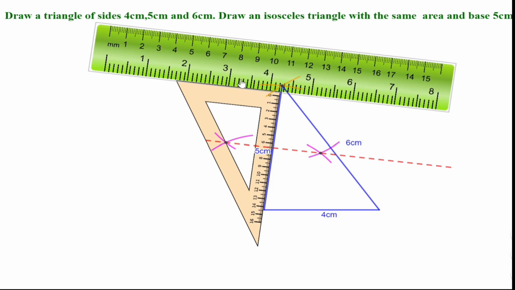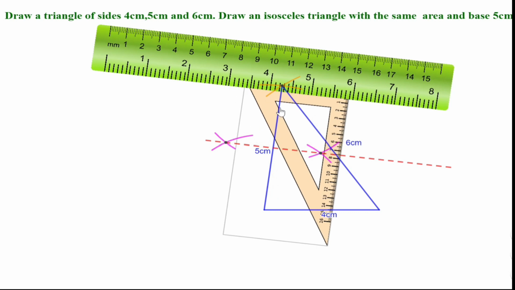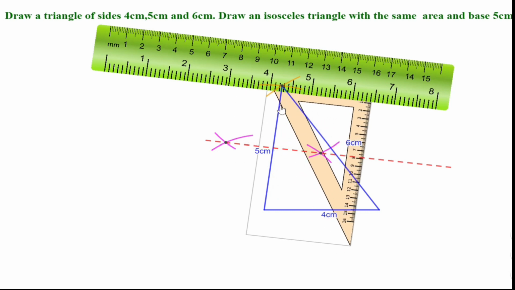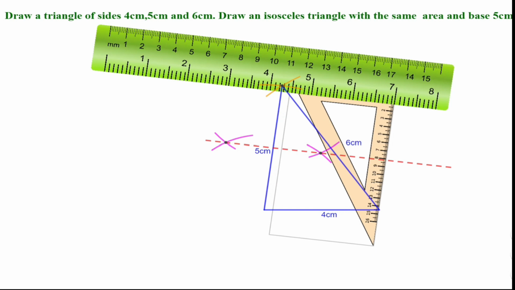Now hold the ruler firmly and slide the set square along the ruler. Now draw a line through this point. This is the line parallel to the base.